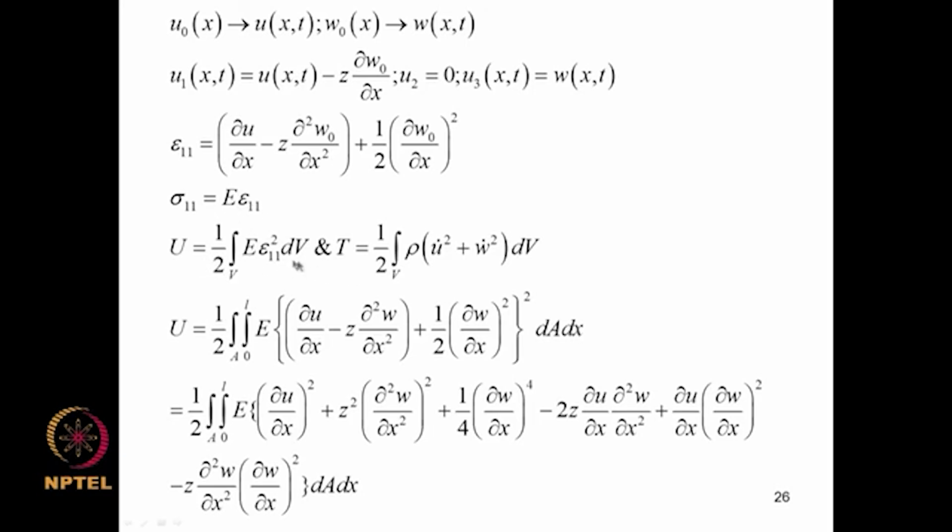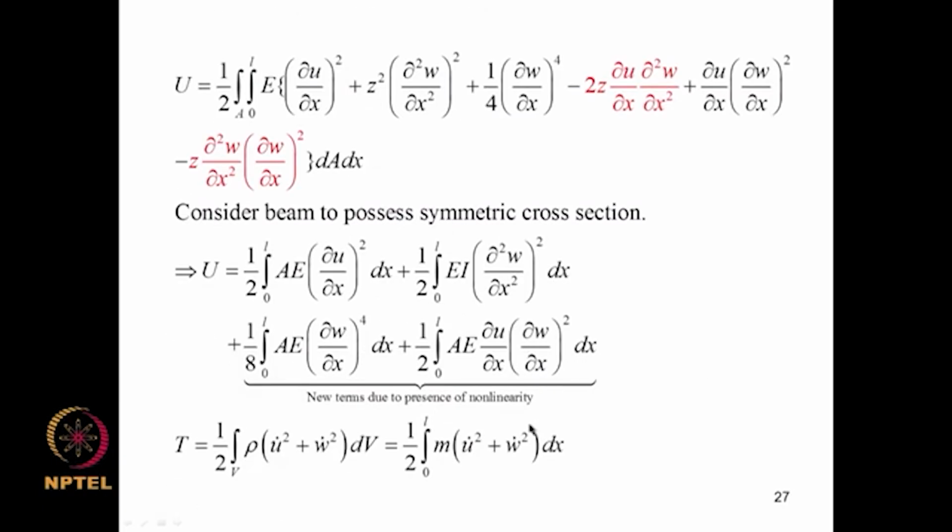I will be able to write the expression for strain energy and the kinetic energy using the assumed form of displacement and the consequent strains, and I get strain energy in this form. If I now use the assumed displacement form, I get this. You see now there are quartic terms in displacement in the expression for strain energy. The terms appearing in red are the newer terms.